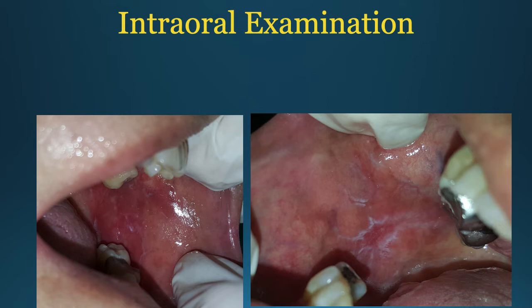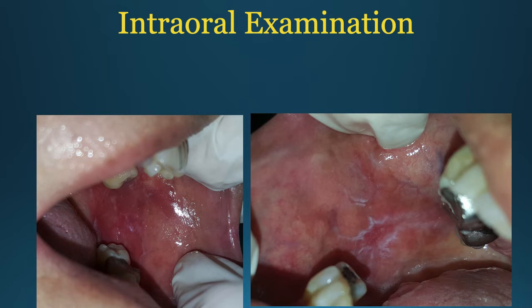So we have here two lesions. Actually, we could start describing this lesion based on our criteria and description: 5Ss, 2Cs. 5Ss usually relate to the size, site, shape, surrounding mucosa, and surface texture. 2Cs relate to the color and consistency.